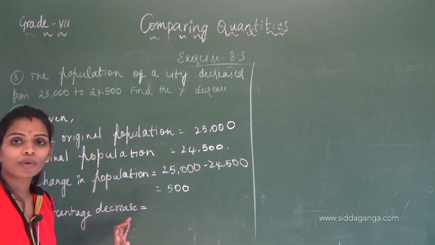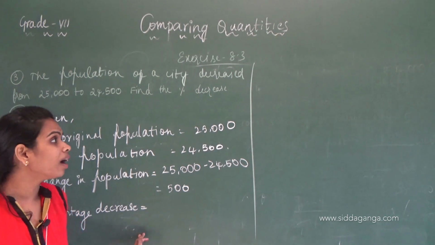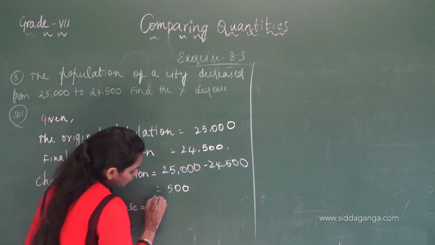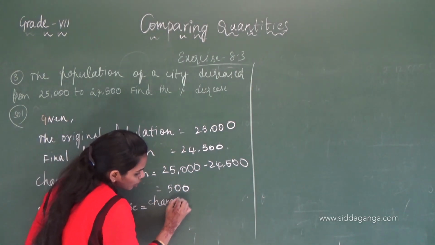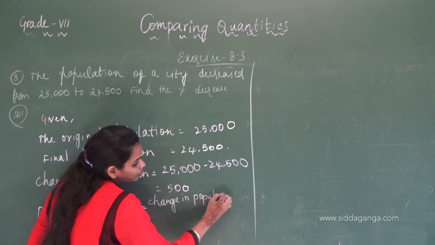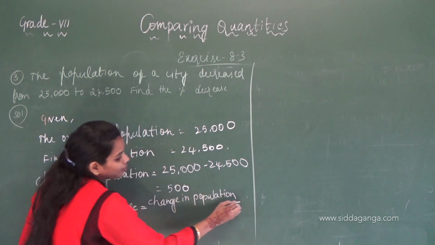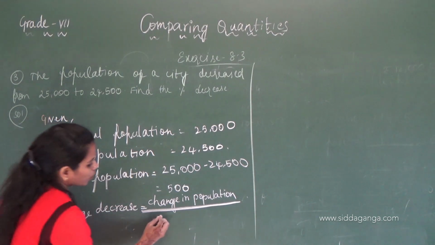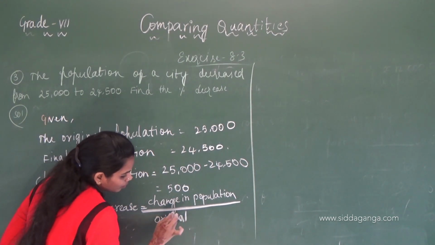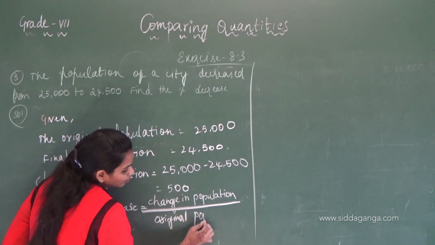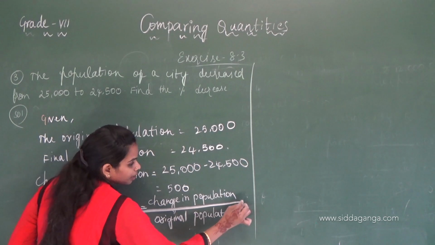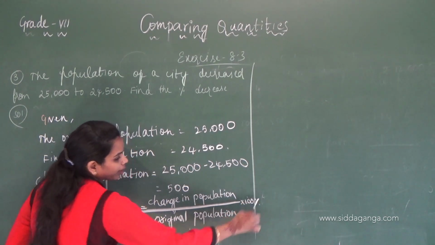What is the percentage decrease formula? Change in population divided by original population into 100.